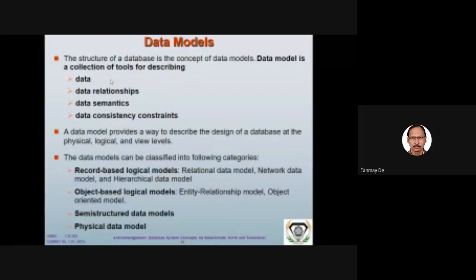All the data models are classified into four categories.